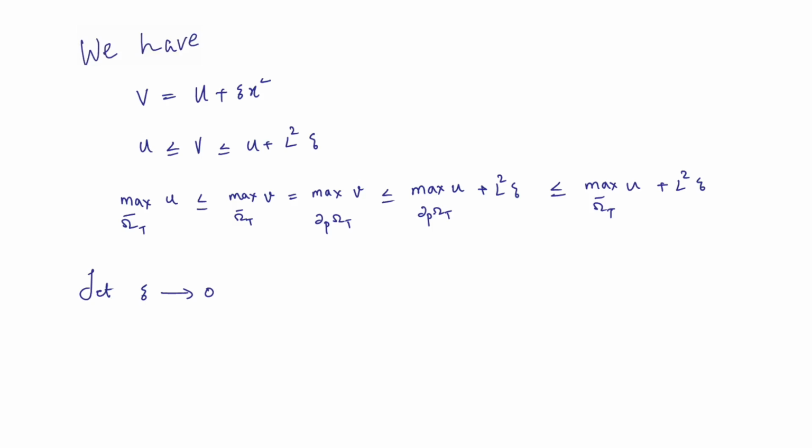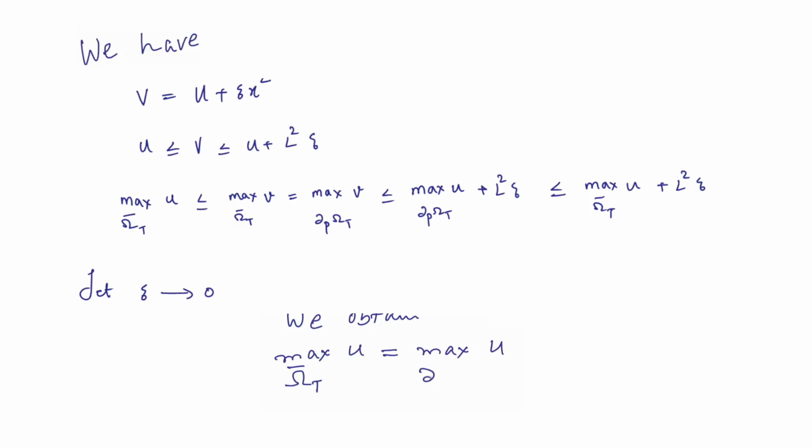So, I have maximum of V over the parabolic boundary, and here also maximum of V over the parabolic boundary. That implies equality should be there everywhere. So, in particular, we obtain maximum of u over omega t bar is the same as maximum over the parabolic boundary.